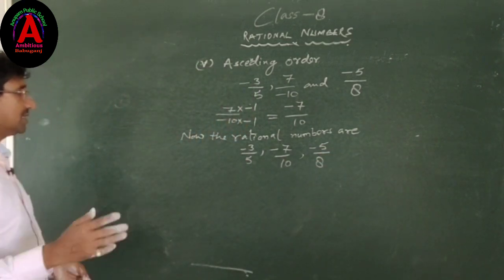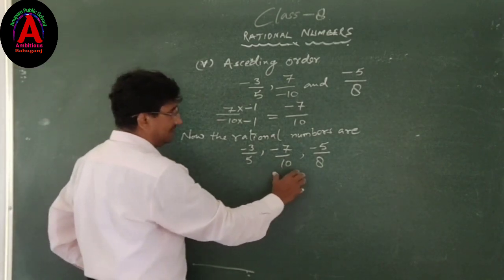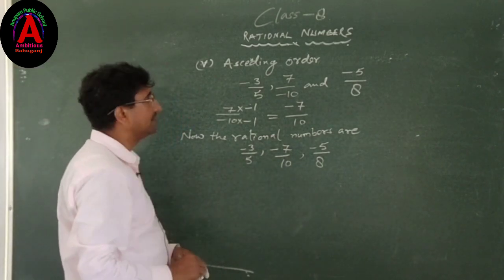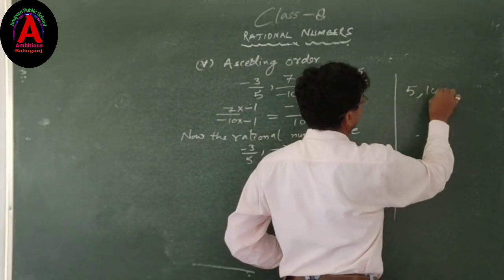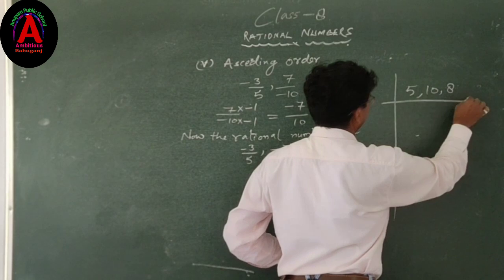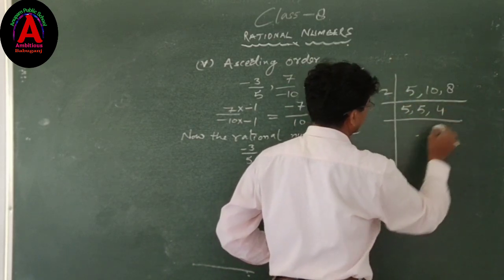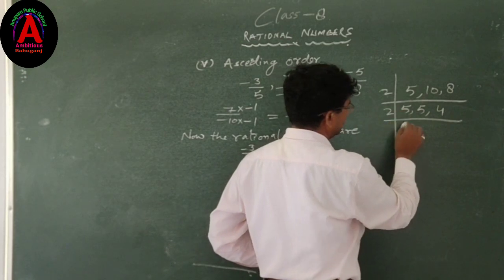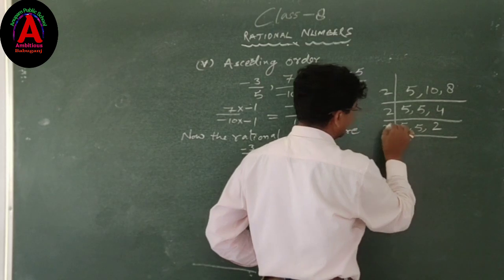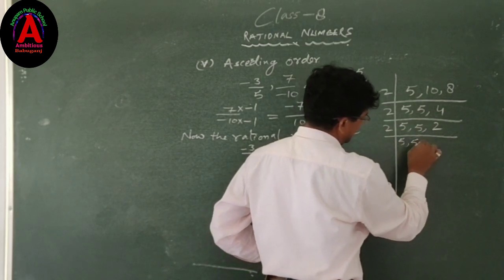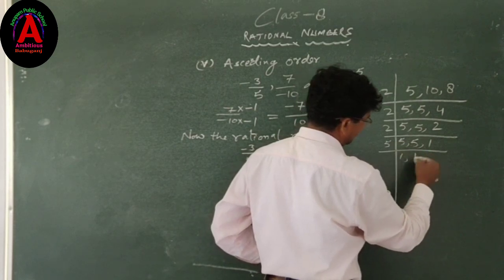Now the second step: we have to take the LCM of 5, 10 and 8. Dividing by 2, 5, 5, 2, 2, 5, 5, 1, then 5, 1, 1, 1.